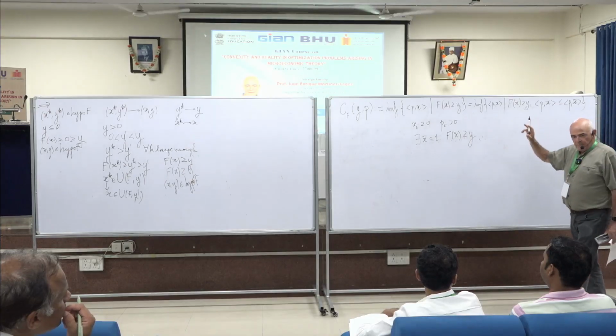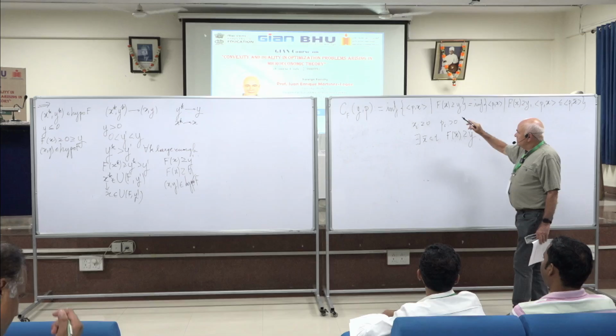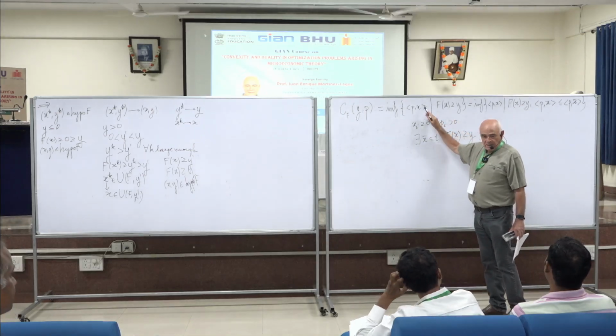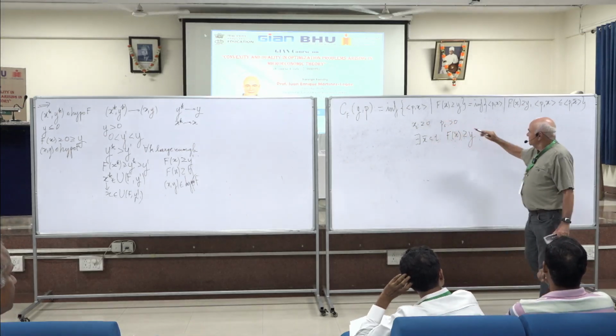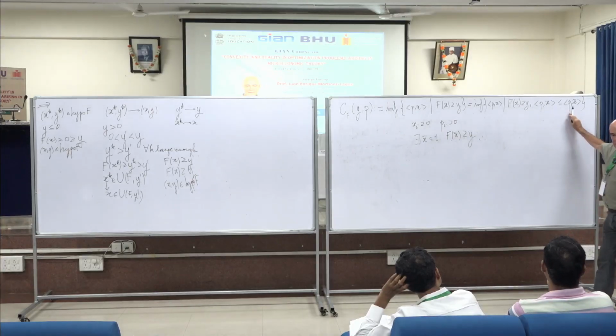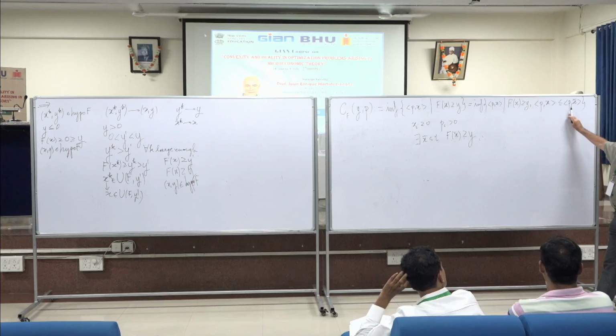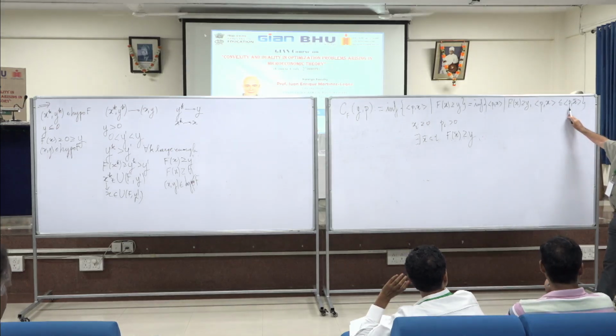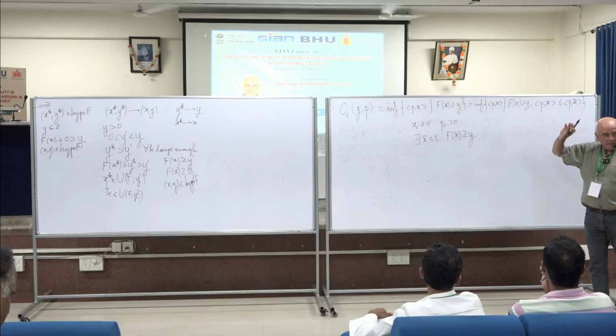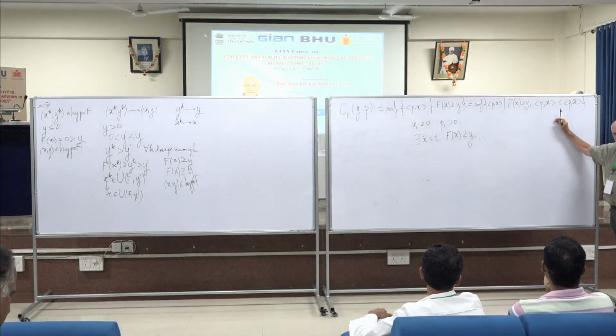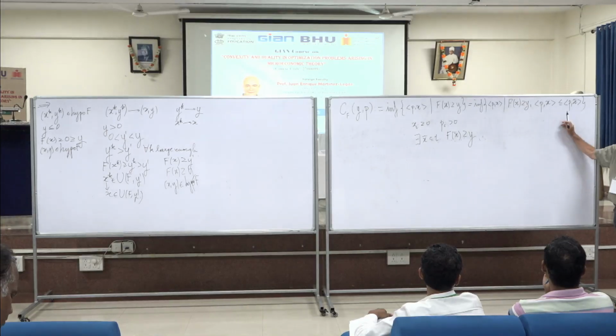Because if you are minimizing, you will end up with a value satisfying this constraint. So this constraint is somehow irrelevant. But why is it convenient? Because if we impose this extra constraint, then the feasible set becomes compact.